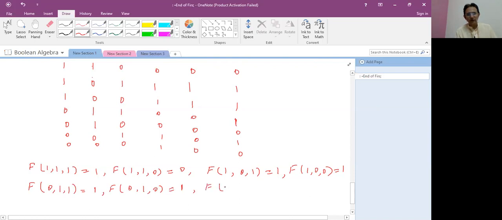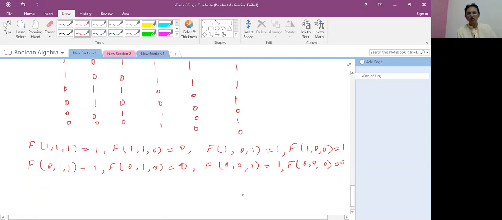When x is 0, y is 0, z is 1, it is 1. And the last value, when x is 0, y is 0, and z is 0, the answer is 0. So these are the values of the Boolean function.